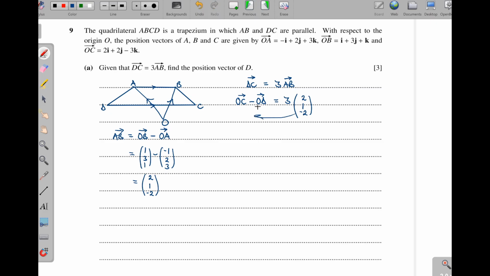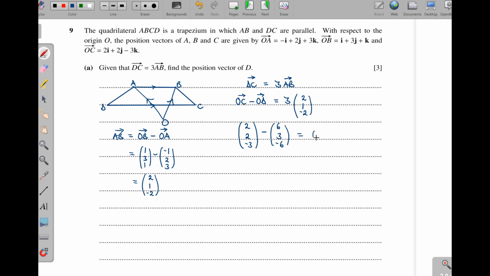So bring this one here, take this one to the other side. So what is our OC? OC is given as this 2, 2, negative 3. Are we there? Then bring this one this way. 3 will multiply with whatever is in there. So we shall get 6, then 3, then negative 6.